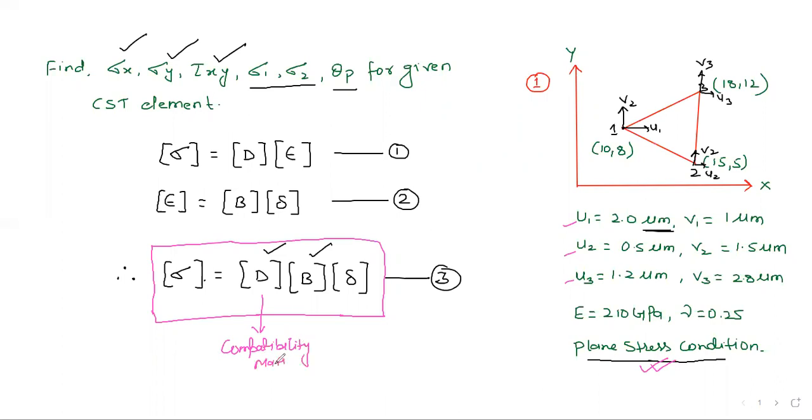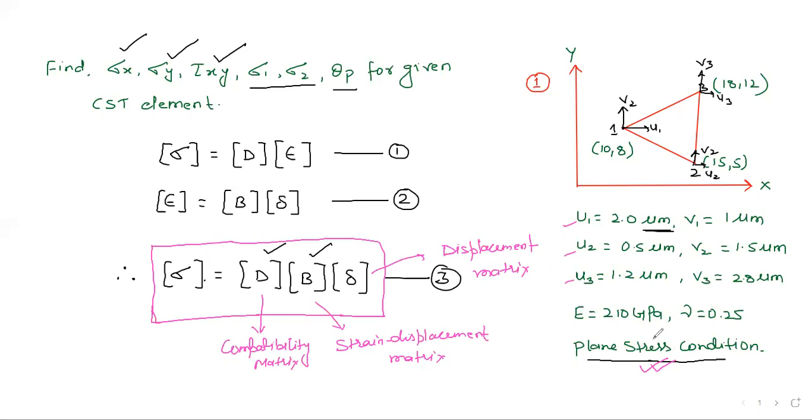This is the compatibility matrix multiplied by the strain displacement matrix, and this is the displacement matrix. So if you multiply these matrices, you will get stresses. So this relation you should know. If you know this relation, you can find sigma x, sigma y, and tau xy. From there you will be able to find sigma 1, sigma 2, sigma 3.